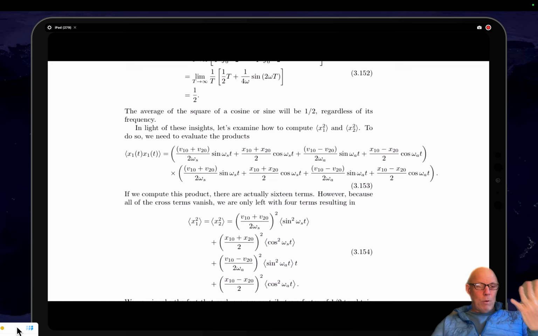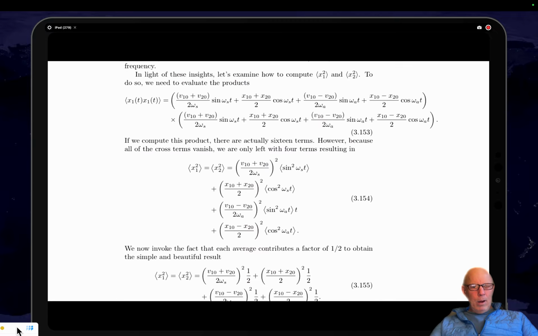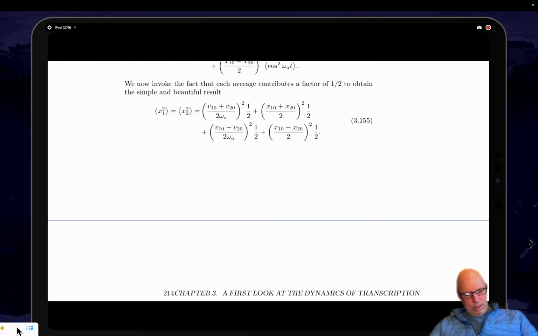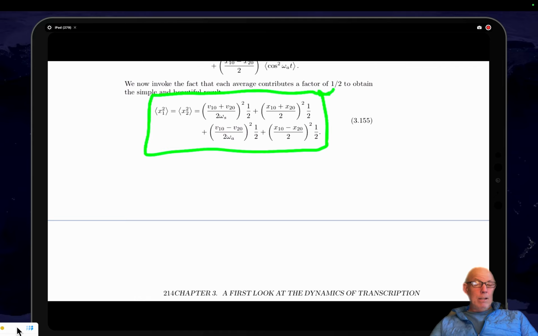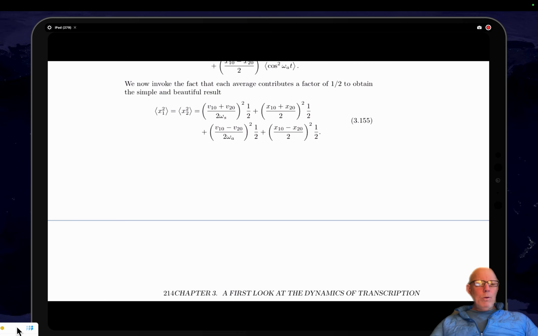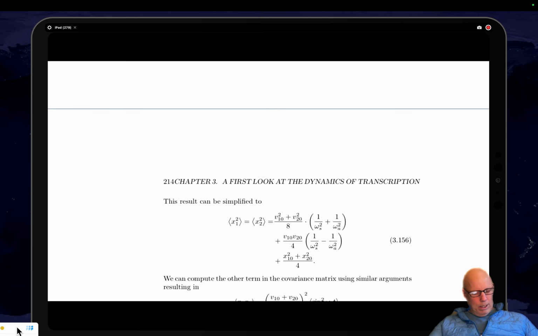That means there's a total of 4 constants that respect the initial conditions: the x1 initial position, the x2 initial position, the x1 initial velocity, and the x2 initial velocity. Those are the parameters featured in this big giant expression. Now I have to compute the average, which means evaluating these various integrals. And there's the result. I give you this as an exercise. Again, you can take a screenshot, or come back to the video and take a look at it. Everything you need to work that out is a matter of doing some integrals.